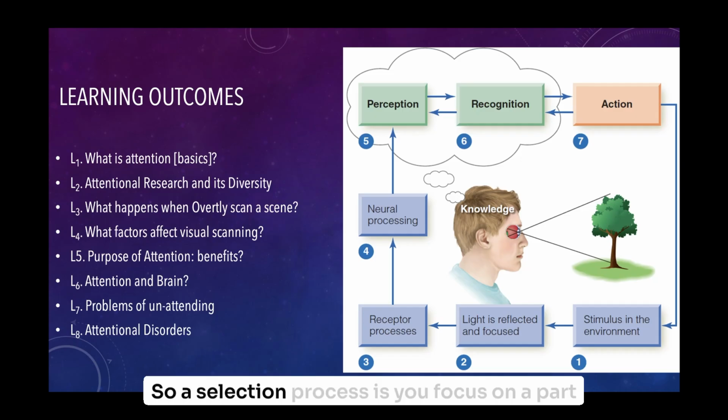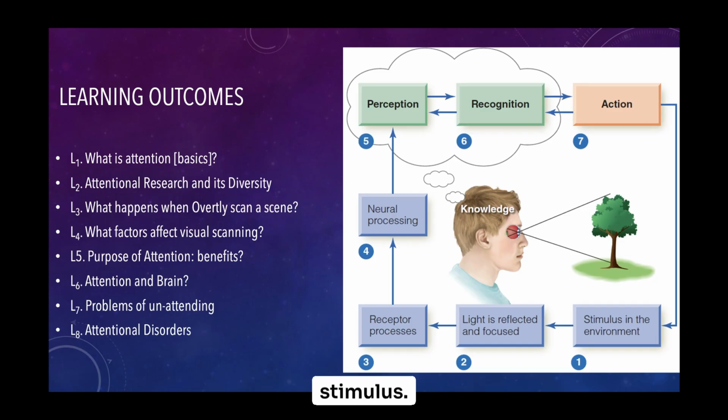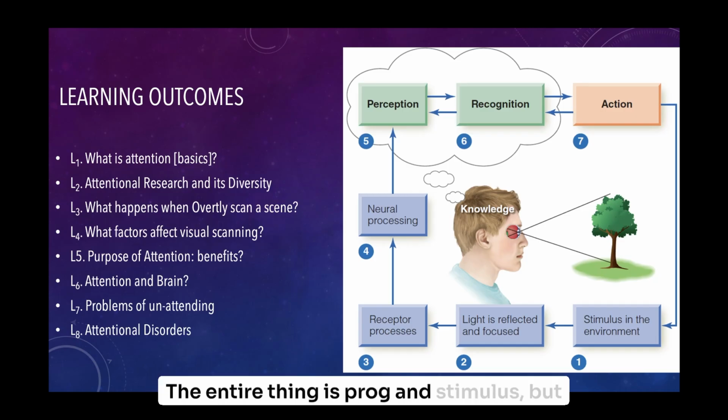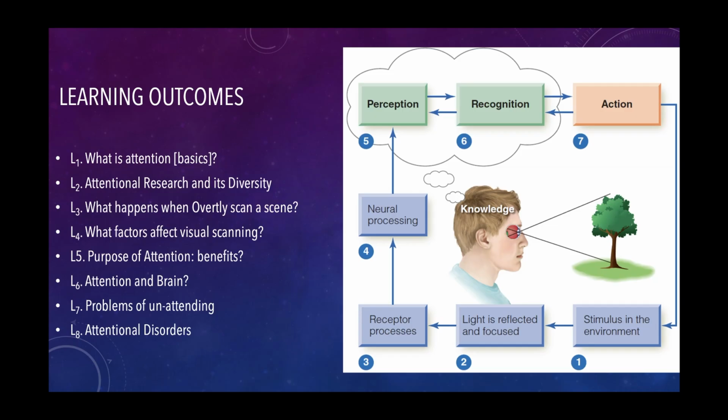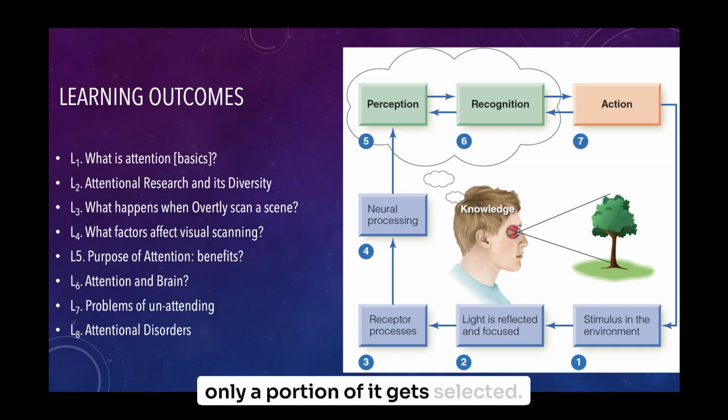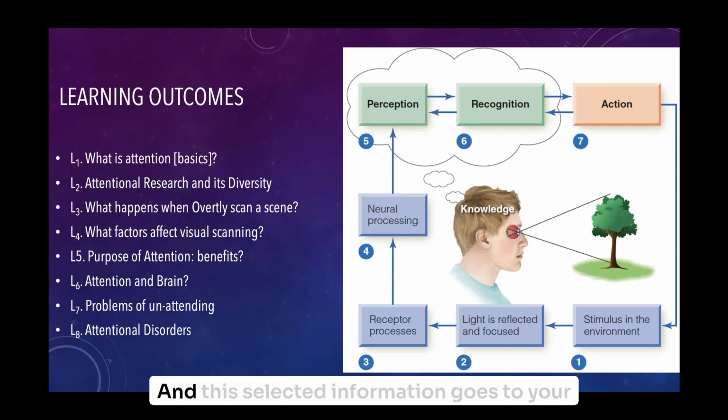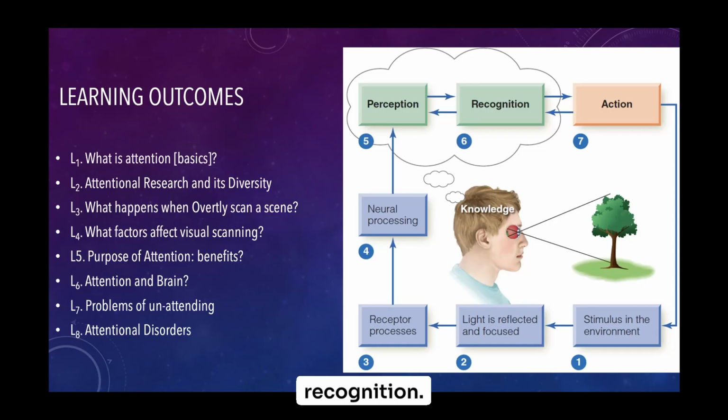So a selection process focuses on a part of this sensory information, and that becomes your proximal stimulus. Make sense? The entire thing is proximal stimulus, but only a portion of it gets selected through a process called attention. And this selected information goes to your brain for interpretation, which is perception, recognition.